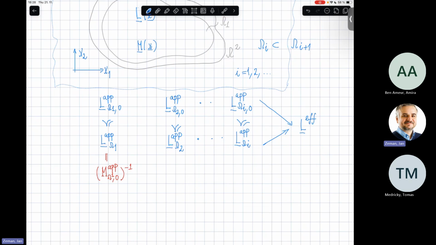So these arrows, this is just the standard definition of convergence.